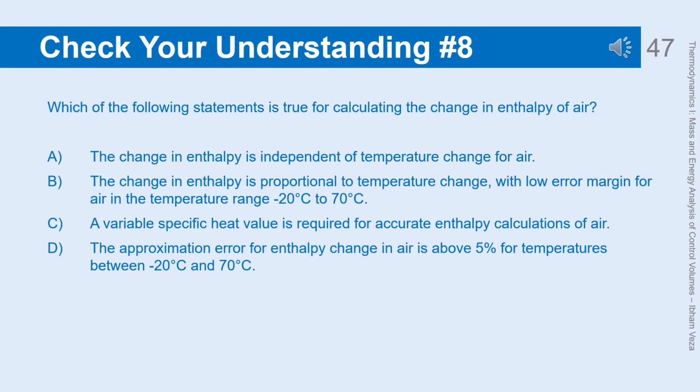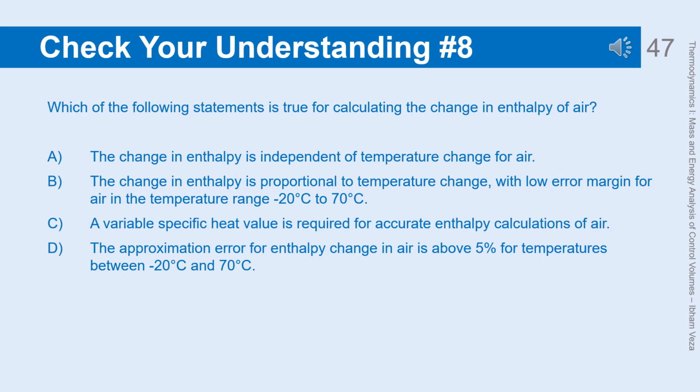B. The change in enthalpy is proportional to temperature change with low error margin for air in the temperature range minus 20 degrees Celsius to 70 degrees Celsius. This is the correct answer, as the change in enthalpy for air is indeed proportional to temperature change, and the approximation error is below 0.5% in the specified temperature range. C. A variable specific heat value is required for accurate enthalpy calculations of air. This is incorrect because the question states that a fixed specific heat value provides accurate enthalpy calculations, not a variable one.